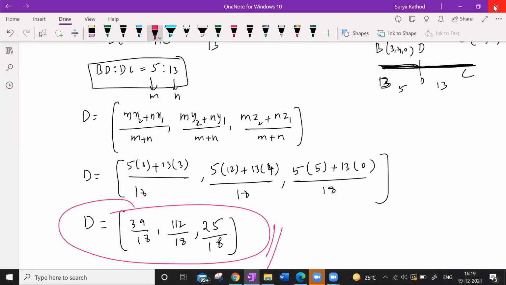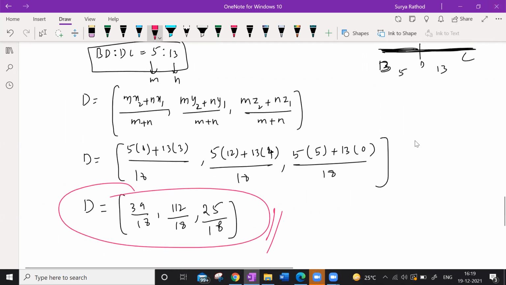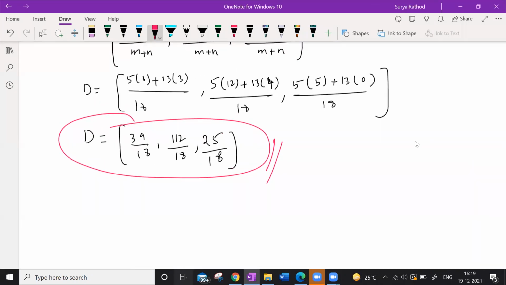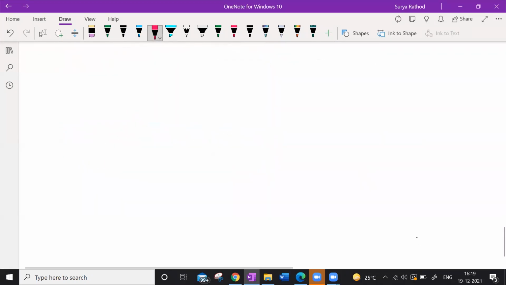I'll give one question on direction cosines here, as homework. Solve it at home.